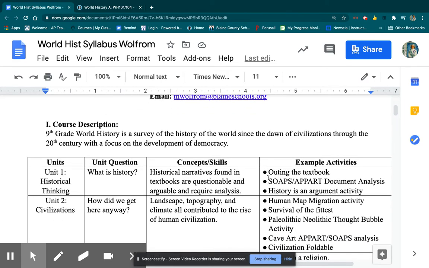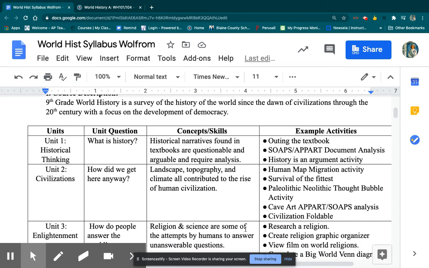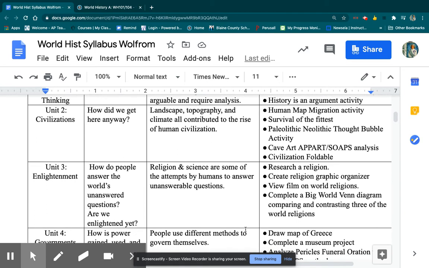So we start with historical thinking, that's unit 1, examining what is history, what should history say about people, events, characters, and that's come up a lot in our current culture as we are talking about taking down things like monuments to Civil War generals, etc. So we're going to be focusing on historical narratives in our textbooks and also learning how to do primary document analysis.